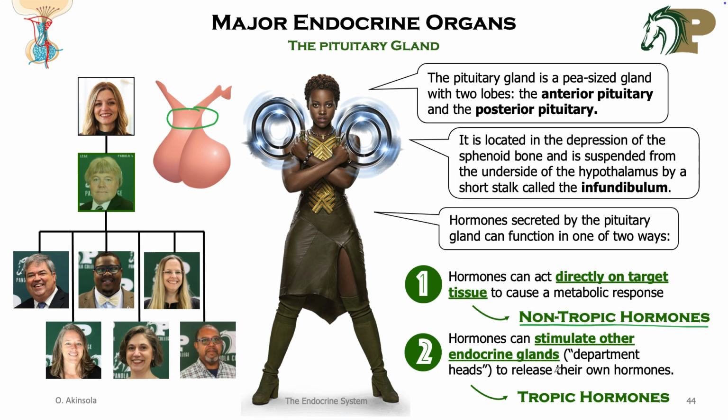If the hormone stimulates another endocrine gland, then that hormone is classified as tropic. These are two terms that you need to get a handle on and know the difference between them. Tropic hormones act on other endocrine glands. Non-tropic hormones act on tissues.